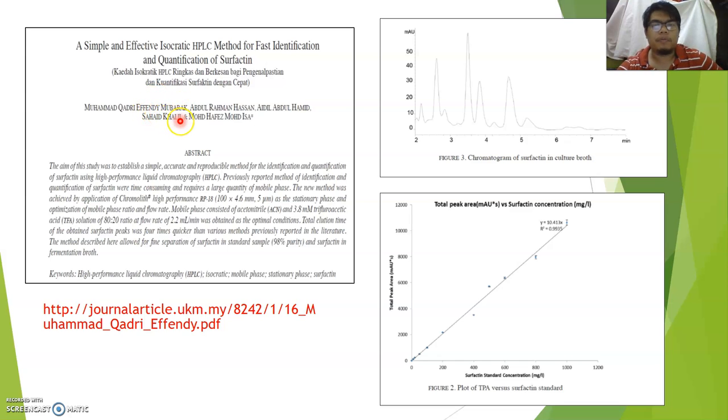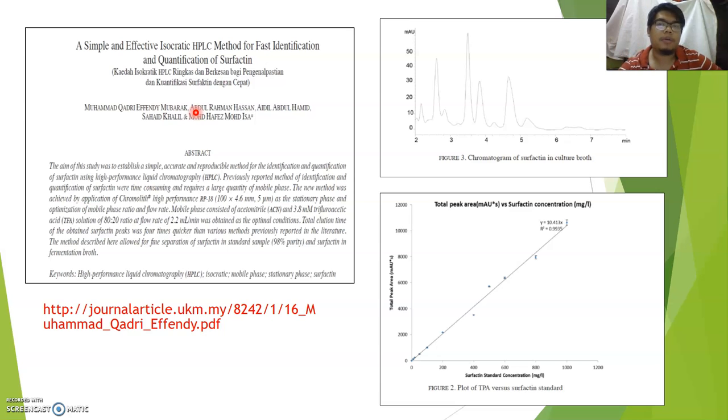We published it in 2015. At that time, to detect surfactant, we needed to use high performance liquid chromatography. That is an advanced, expensive device. So at that time, we needed 40 minutes to analyze one sample.